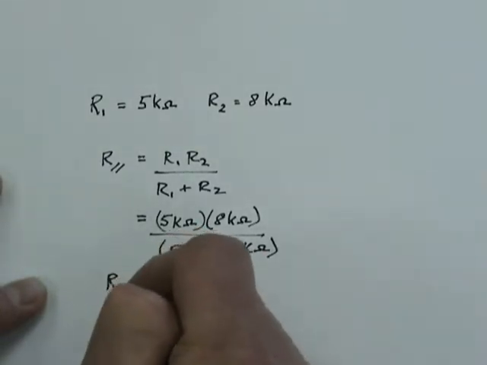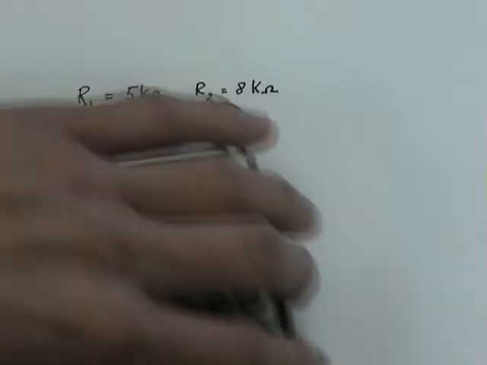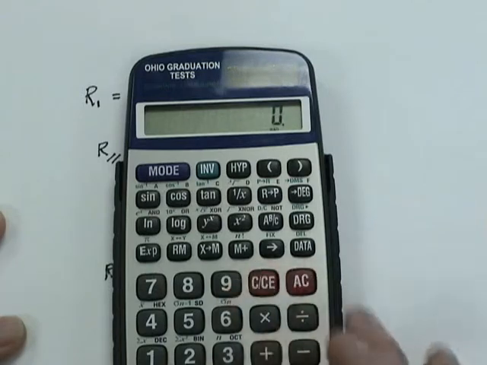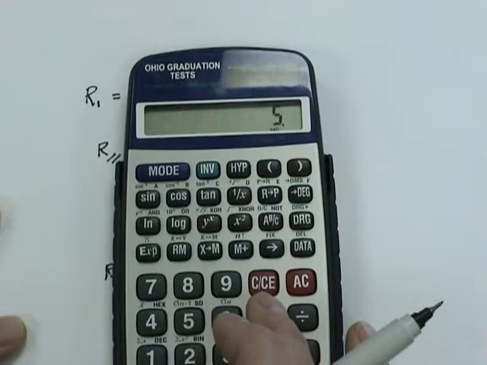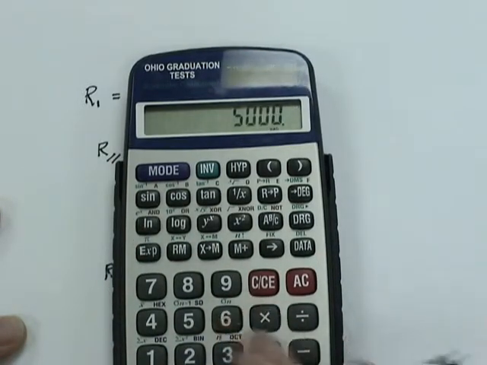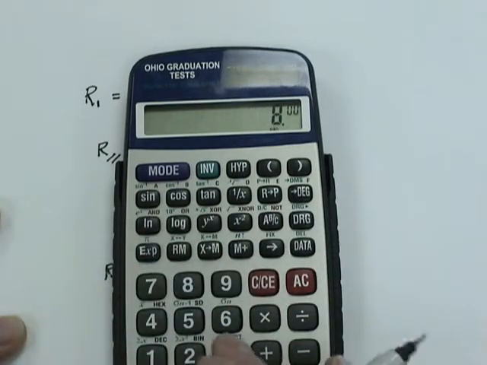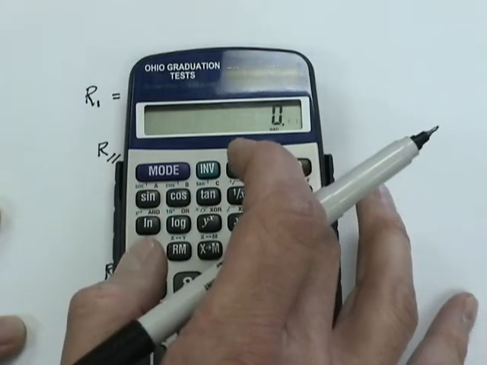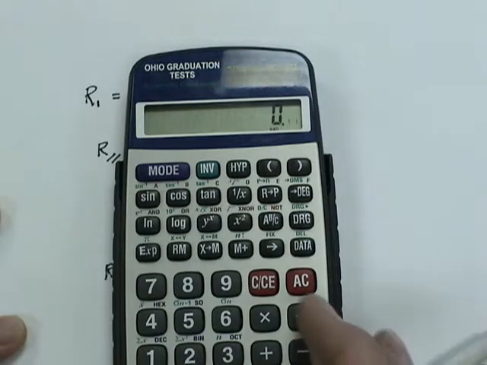So this is going to be R parallel equals, and let's calculate it. Bring the calculator in view here, and we've got 5 and an 8. Now remember to use the parentheses. I don't think I hit divided by.